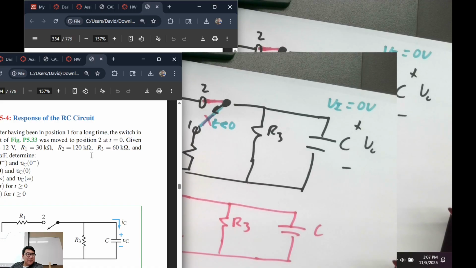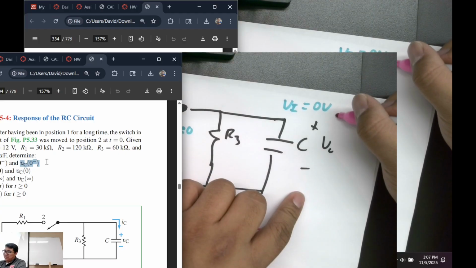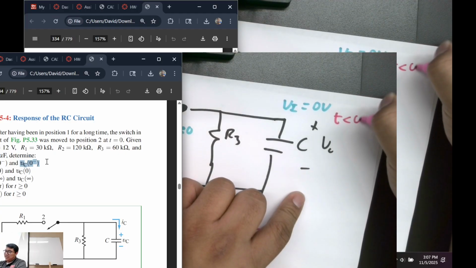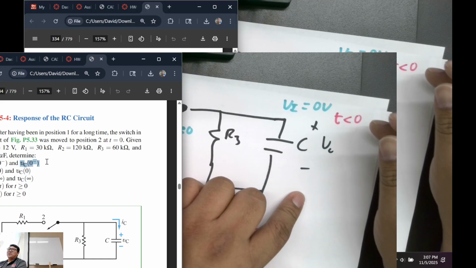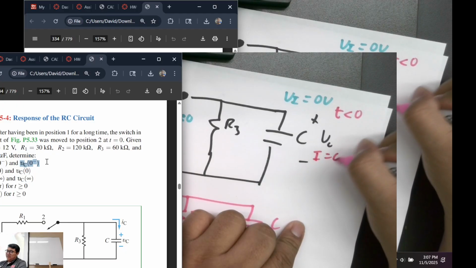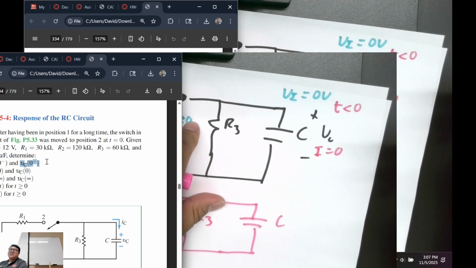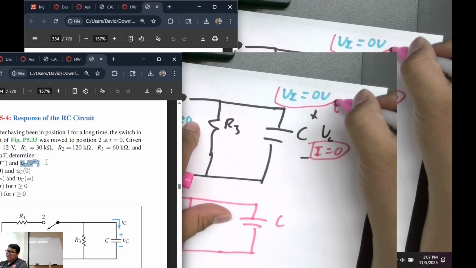It says determine the current and the voltage before we switch. So T is literally less than 0, we're looking at before. What's the current in here? 0, it's just an open. And then the voltage is also 0. Boom, done, no thinking.